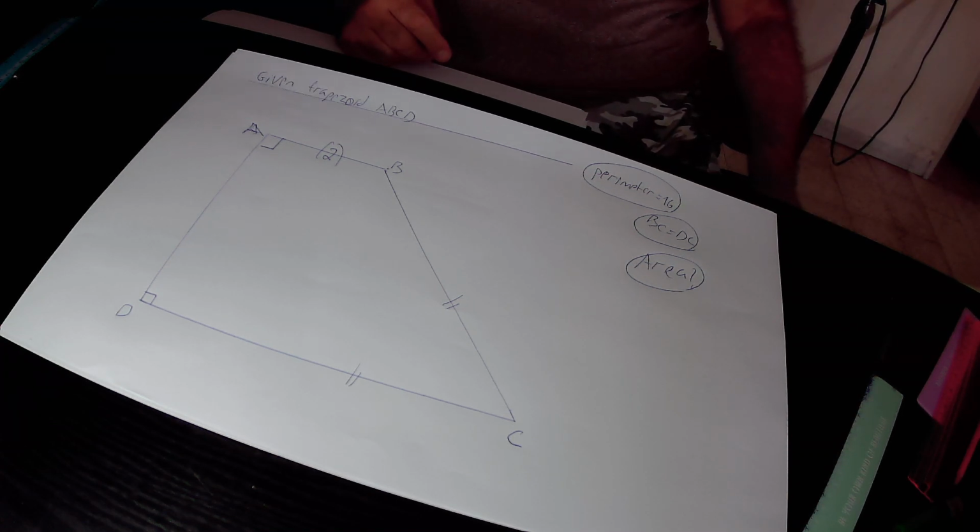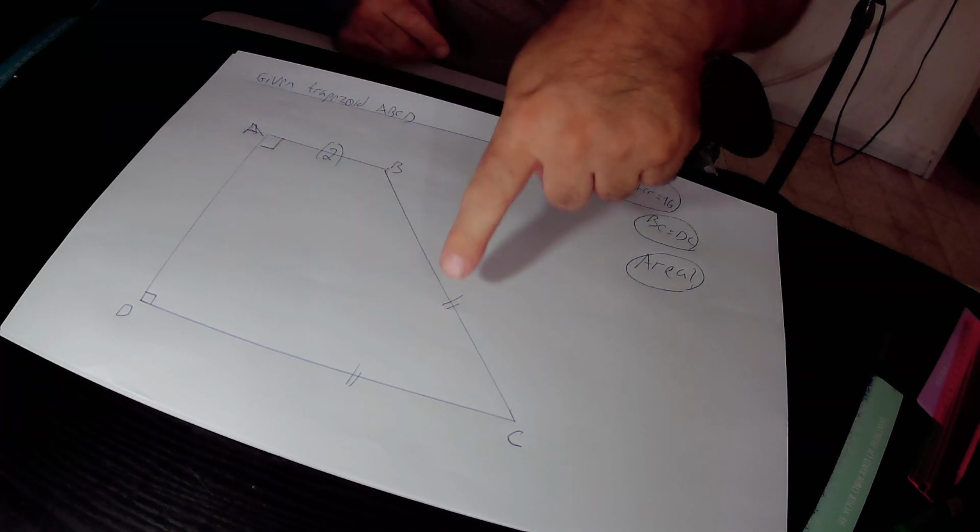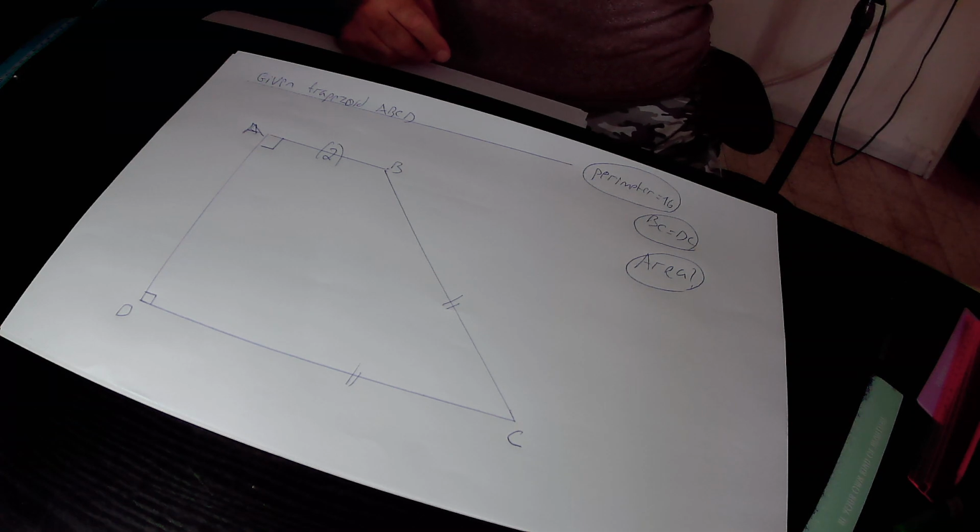That is to say, the sum of those four sides of trapezoid ABCD is equal to 16 units.